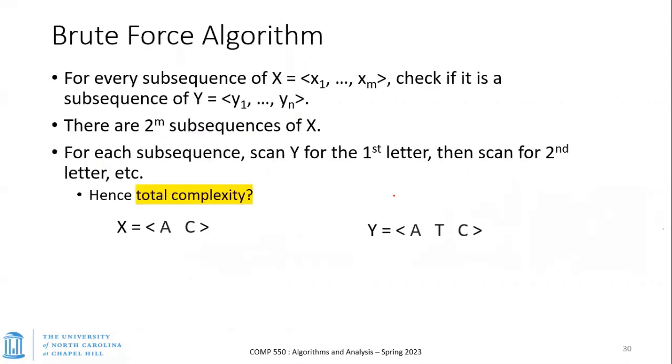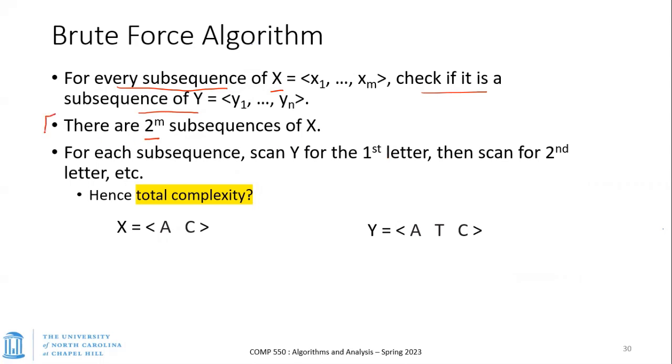So now let's look at the brute force algorithm and see if we can figure out the complexity of this. All right. So first of all, let's generate all the possible subsequences of X. And remember, this was 2 to the power M. Okay. So what we're going to do is for every subsequence of X, which is 2 to the power M, check if it is a subsequence of Y. All right.